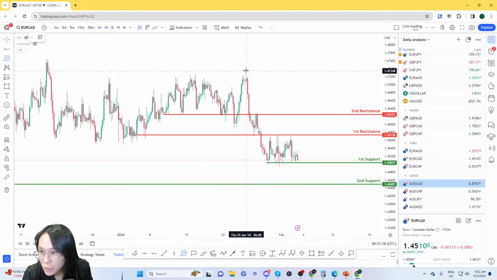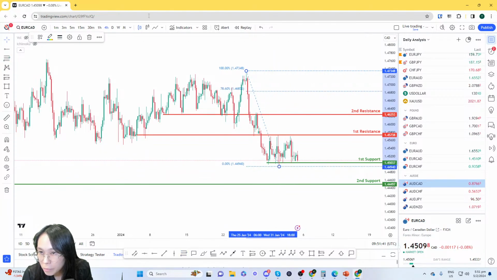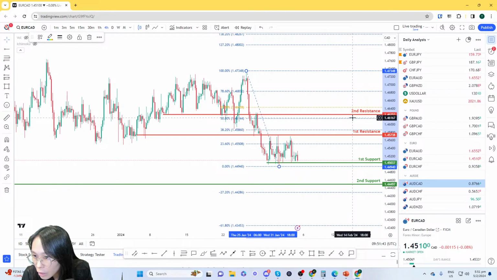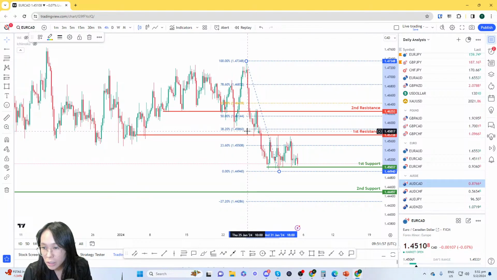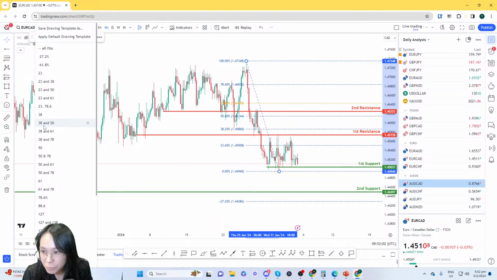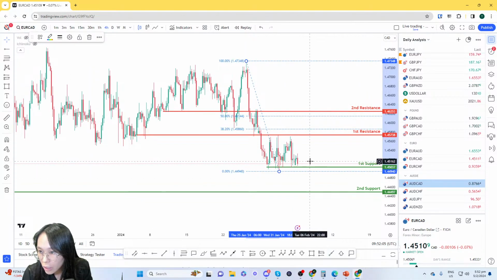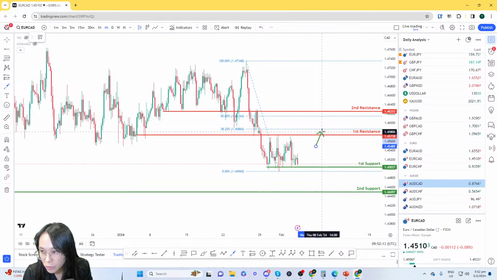Let's look for some Fibo levels. This has been broken through, so I will be using the 38.2 and also 50% Fibonacci retracement. If price were to bounce off the first support, it could potentially break out of this first resistance and rise to the 38.2 level.